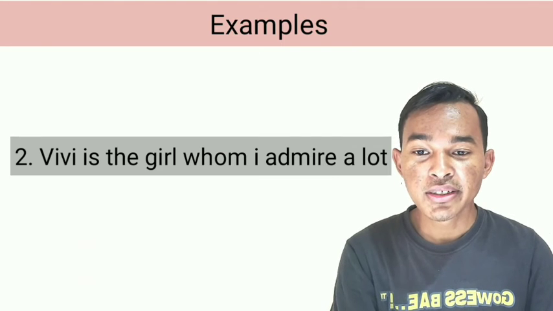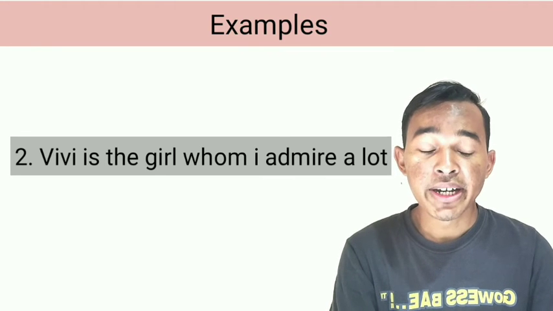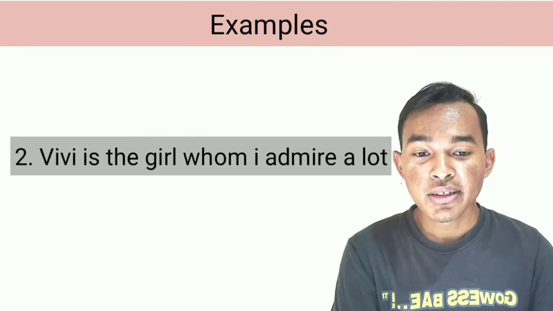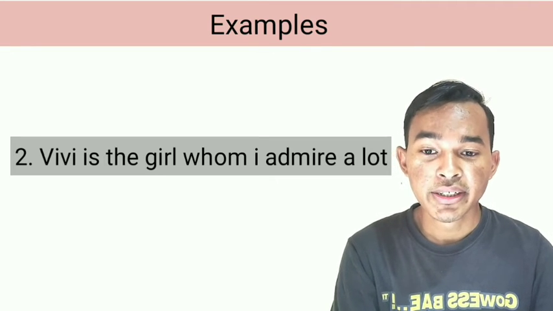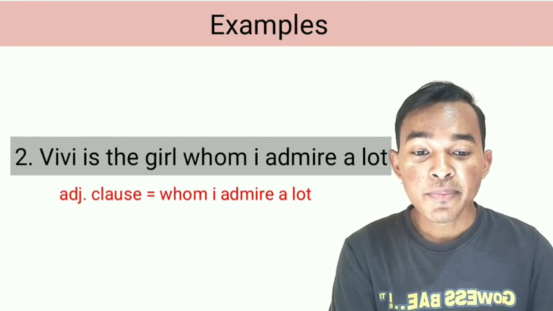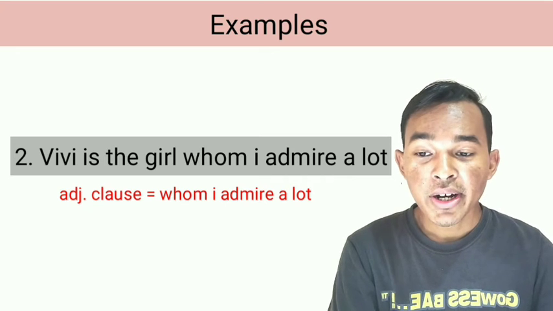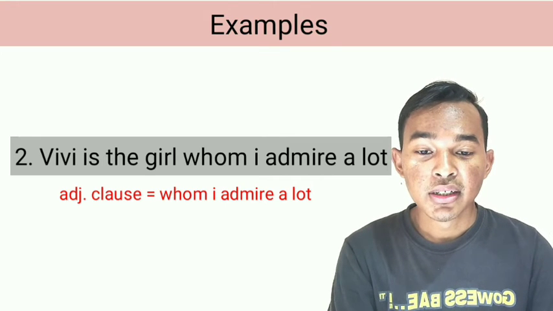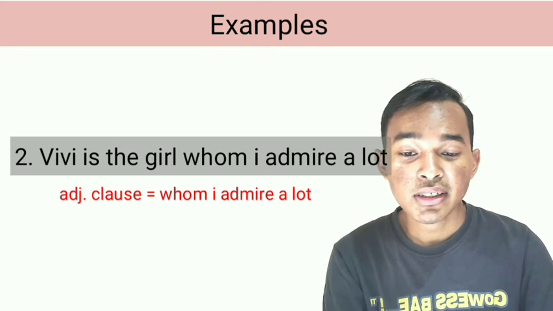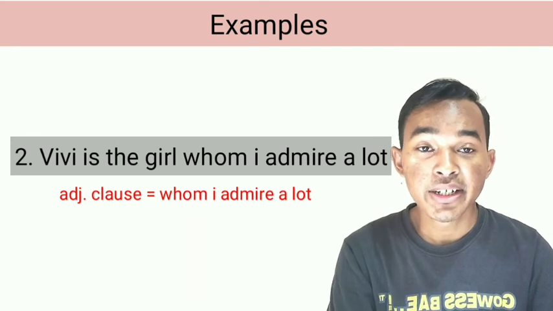Next, Vivi is the girl whom I admire a lot. Can you guys tell me what is the adjective clause here? It's very simple. Whom I admire a lot. Whom I admire a lot is an adjective clause giving information about the object of the verb admire.